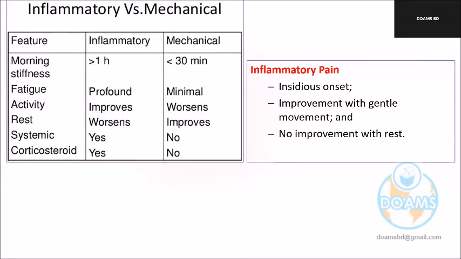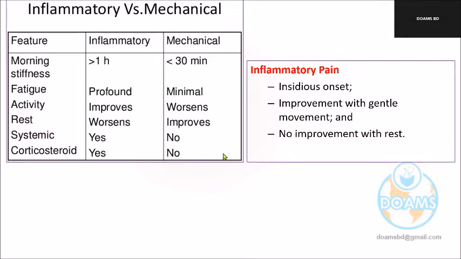If you ask directly what the change of the pain is after a walk, it will not be a good question to the patient. We need to ask, does the pain improve, that means is it relieved, after gentle movement, not very vigorous movement. And like any other disease, vigorous movement will increase the pain, no doubt. So these are characteristic features of inflammatory pain.